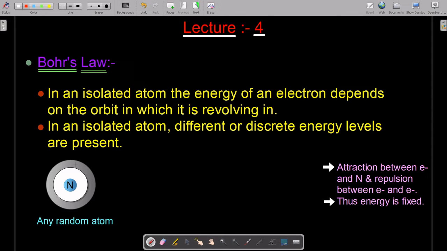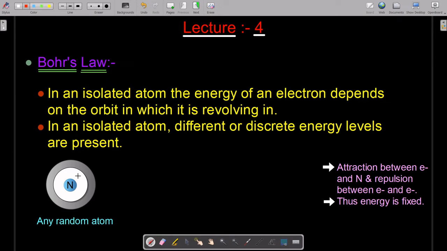In the first orbit, or K shell, there are only 2 electrons, so it can hold only 2 electrons, and the L shell can hold 8 electrons. I'm not teaching you all these things, so we'll straight away jump into Bohr's law.